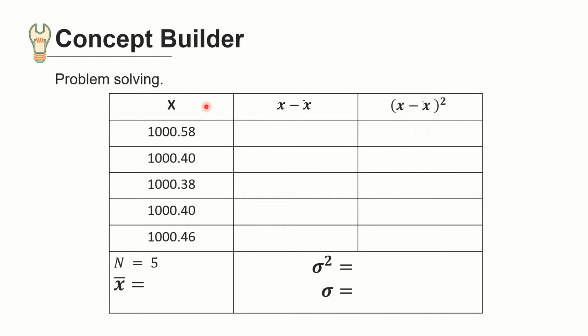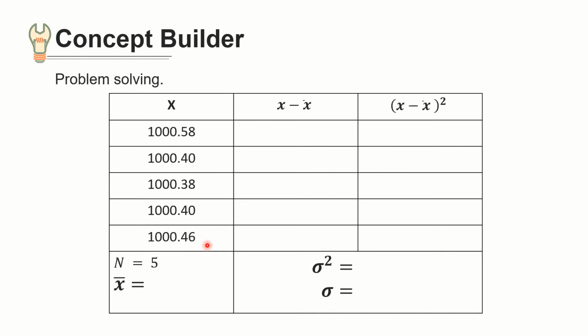These are the individual observations: x sub 1 is equal to 1,000.58, until x sub 5, which is equal to 1,000.46. The number of observations n is equal to 5 since we have 1, 2, 3, 4, and 5 observations.